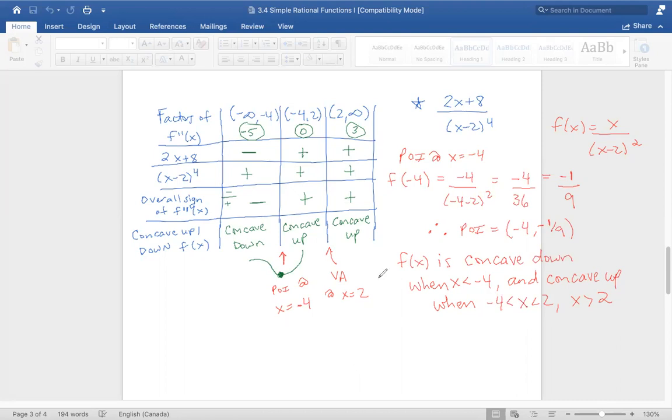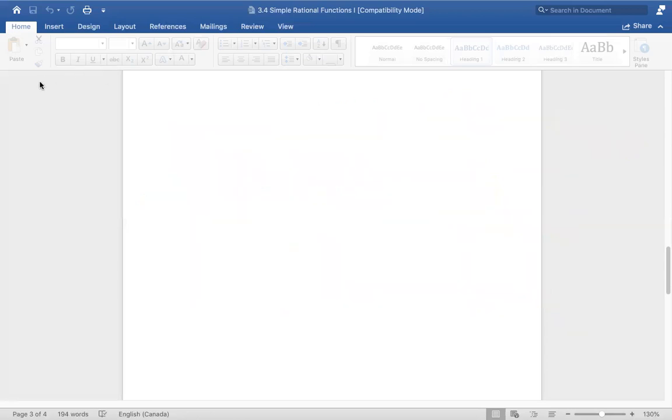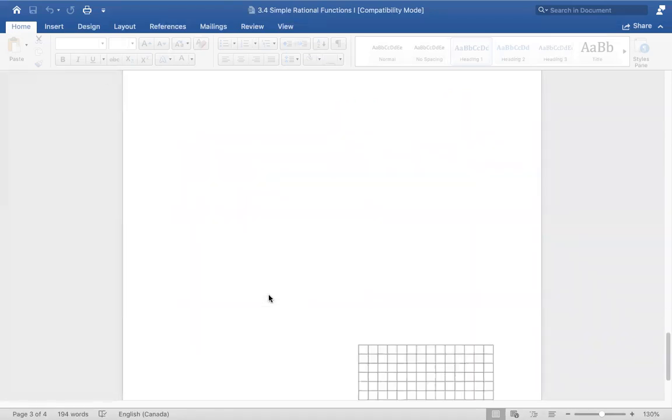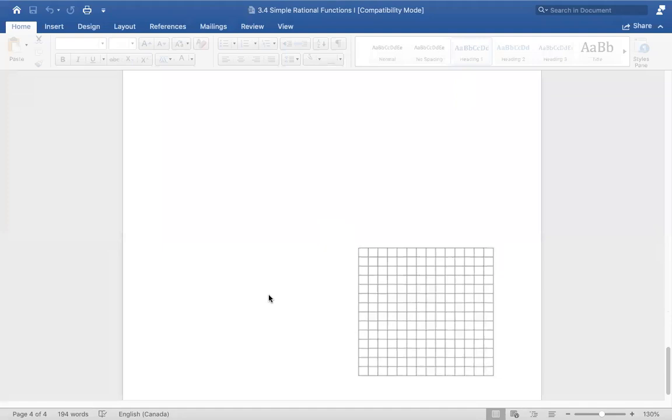Now I can graph. So now I'm going to move it to the very final page there, and I'm going to list in conclusion, and you guys should too, all the information that you just figured out so that it's right there beside the graph for you to graph. So let's go to the next page. All right, let's see if I can fit everything in here. So in conclusion, I want to list all my points.